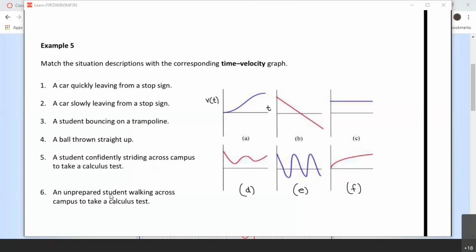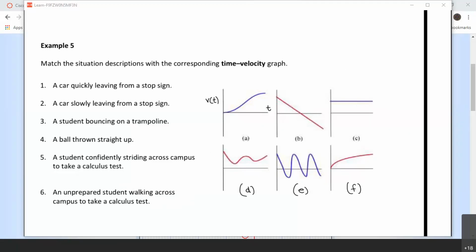And here's an unprepared student. You would imagine this student would hesitate, might turn around, might go fast, then go slow, not really sure they want to get to the classroom. So take a look at these graphs for a minute and see if you can figure any of them out.